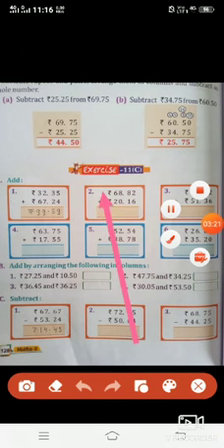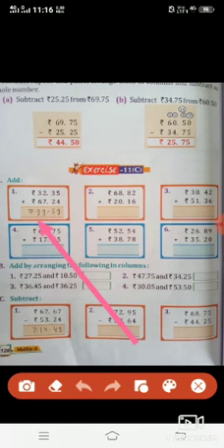Now students, come to exercise 11C. Add. First question is 32 rupees 25 paise plus 67 rupees 24 paise. Students, we have to add both amounts. First we will add 5 plus 4, then we get 9, then we will add 3 plus 2, then we get 5, and now we will put a point sign here.